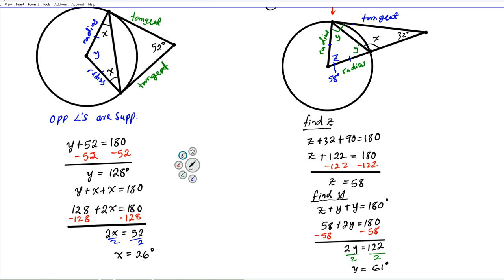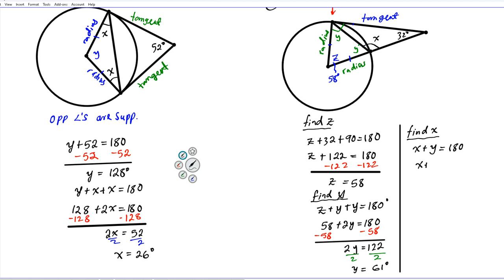Now that we have y, we can find the last piece, which is x. To find x, we know that y and x are a linear pair, which means they're supplementary. You can see that right here, x plus y form a linear pair. x plus y is equal to 180 degrees.